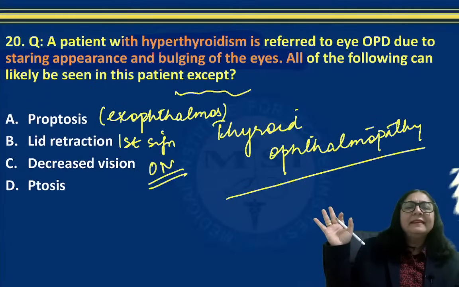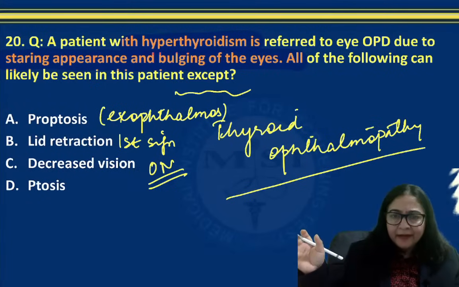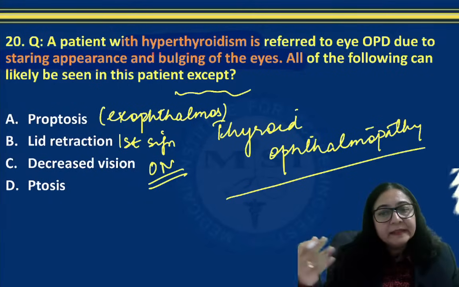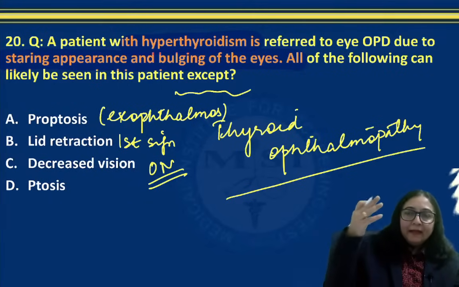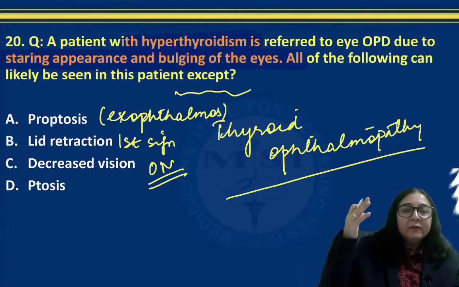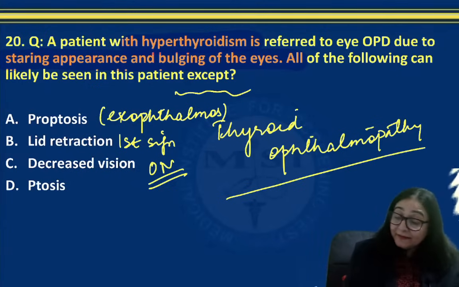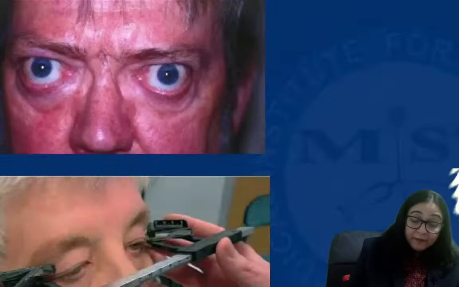Ptosis is not seen in thyroid eye disease. Okay, so there can be restrictive myopathy involving the extraocular muscles, but there is no involvement of the LPS to cause ptosis. So this is the right answer here, as you told me.